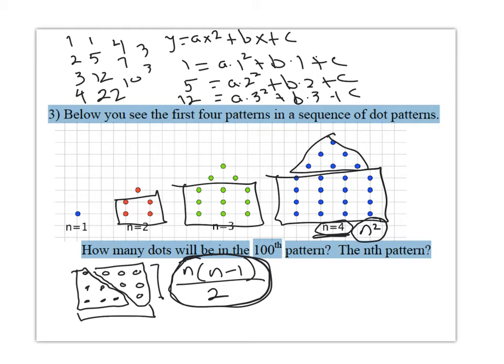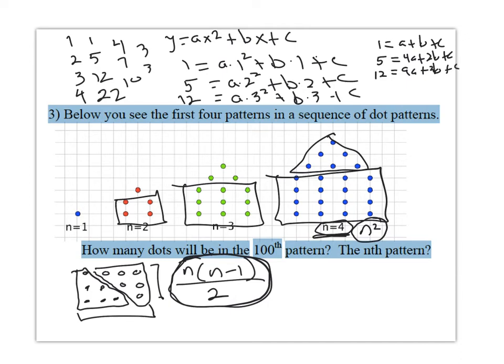Well, when we write that out, we're going to get that 1 is equal to a plus b plus c. 5 is equal to 4a plus 2b plus c. And 12 is equal to 9a plus 3b plus c.